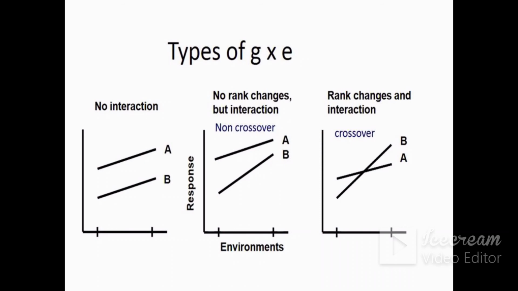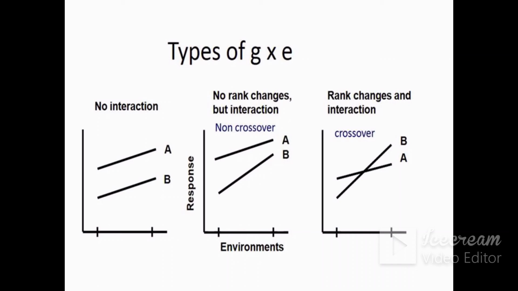Now we will discuss different types of GE interaction. Broadly, there are three types: no interaction, interaction but no rank change, and interaction with rank change. In the first case, with no interaction, we can see that the production lines for both genotypes are parallel.